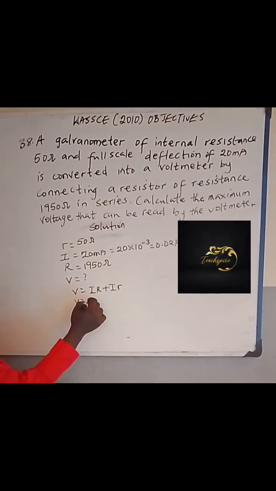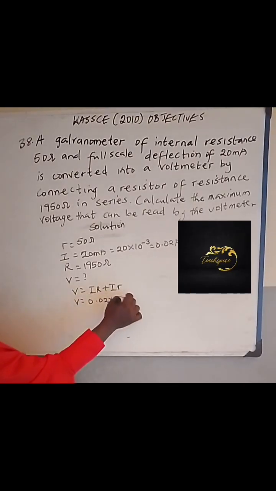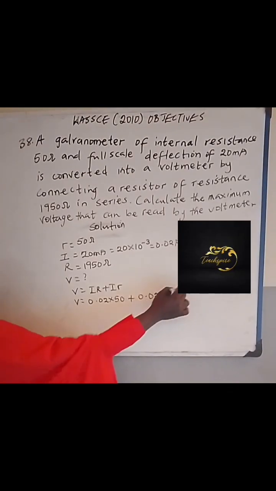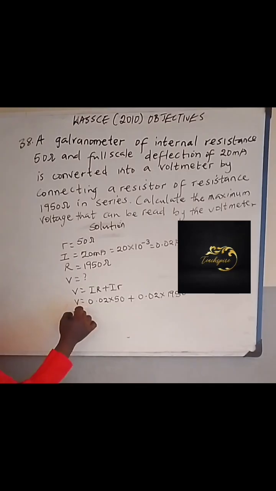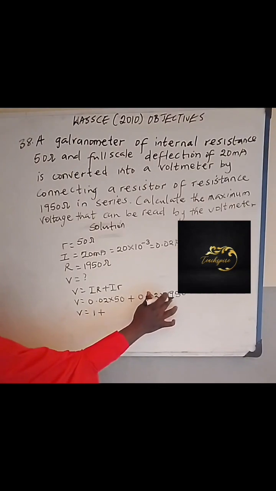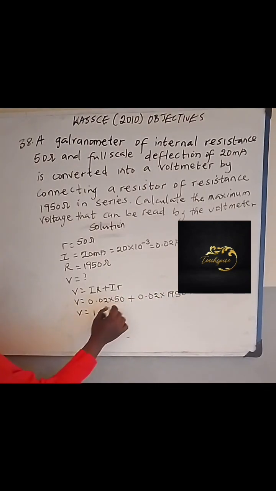So V is going to be 0.02 multiplied by 50 plus 0.02 multiplied by 1950. 0.02 times 50 will give me 1, plus 0.02 multiplied by 1950 will give me 39. So 1 plus 39 is going to give me 40 volts.